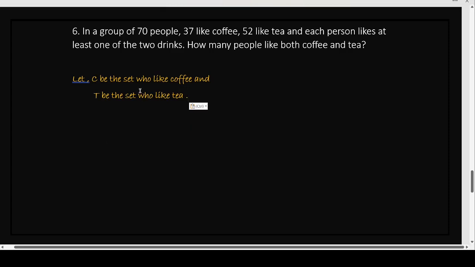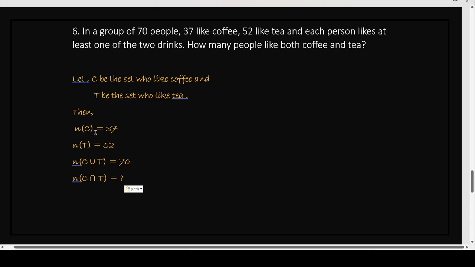Remember that C includes the people who like coffee and tea also. Similarly, T, the set of people who like tea, includes the people who like tea as well as coffee.